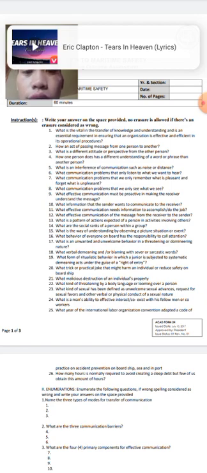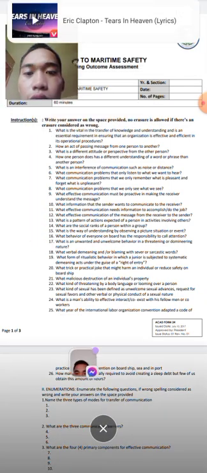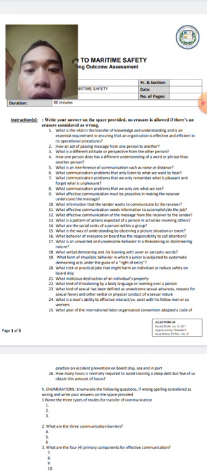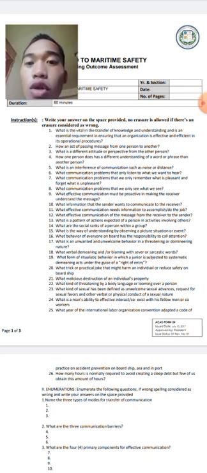And number 2, what is the act of passing a message from one person to another? My answer for this is communication, or through communication like cell phone.